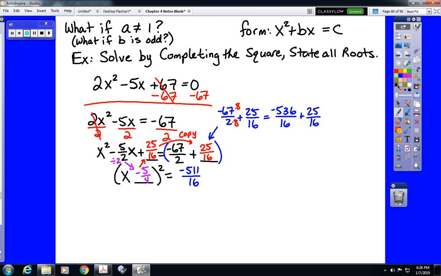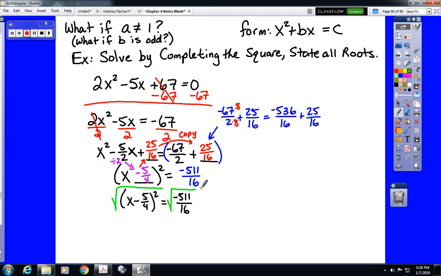If you put that number, negative 511 over 16, into your calculator, and you take the square root, as is the next step, x minus 5/4 squared equals negative 511 over 16, and you take the square root of that, your calculator, no matter what calculator you're using, is going to tell you there's a domain error. That's because that number is negative.